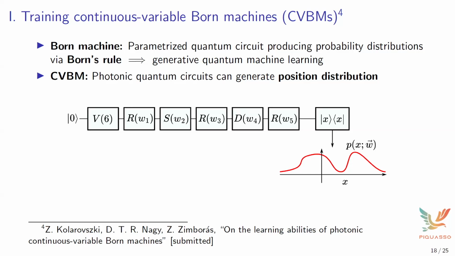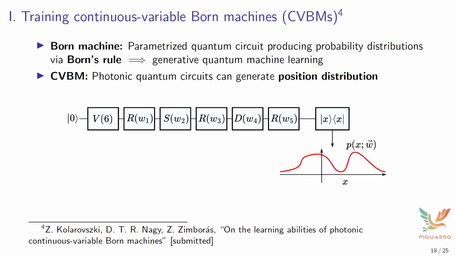Parameterized quantum circuits, so quantum circuits which have some parameters which you can tune, can produce probability distributions by using Born's rule. And this is an instance of generative machine learning, because it technically generates probability distributions. You can think of it as generative, right?